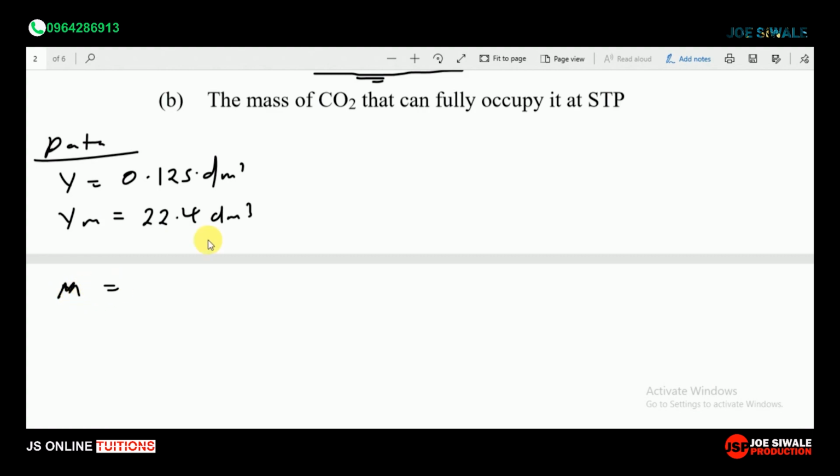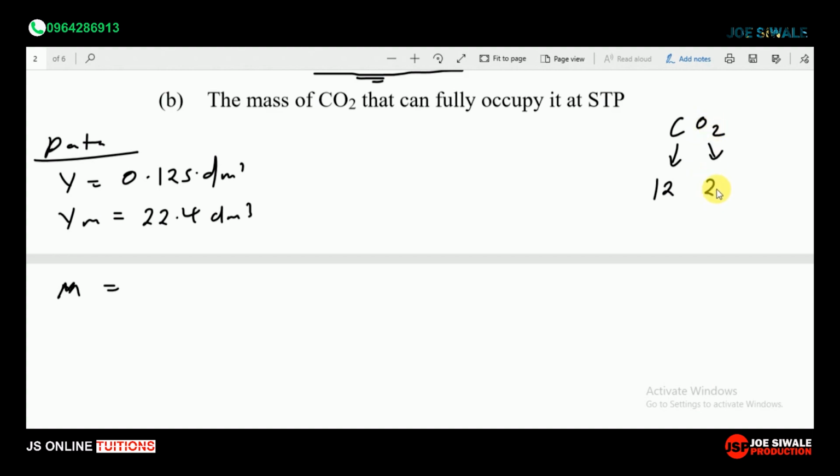Then the molar mass, there we can calculate for carbon dioxide gas. So we have our CO2 there. So there we have carbon. We know that the mass number of carbon, that's 12. Then we also have oxygen there.